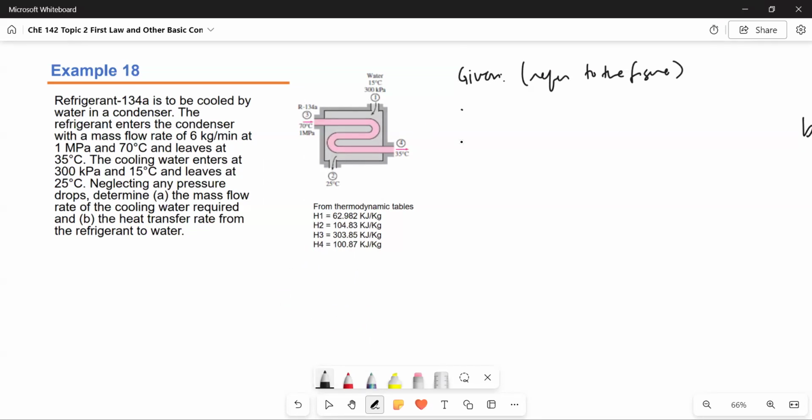We're being asked for letter A, the mass flow rate of water. So M dot, let's designate that as M sub W dot for water, because we have another fluid which is the refrigerant.